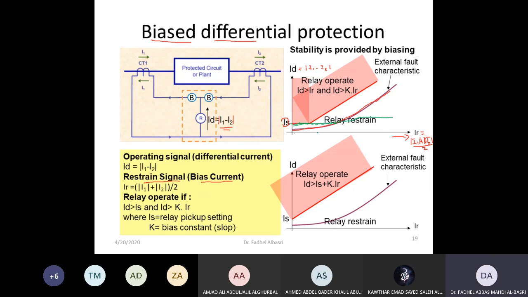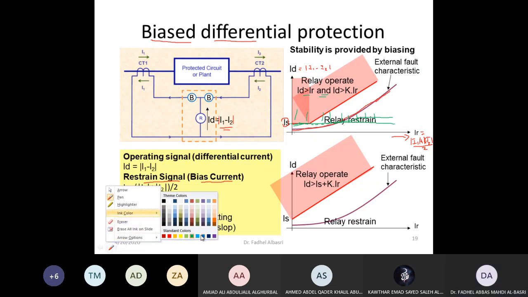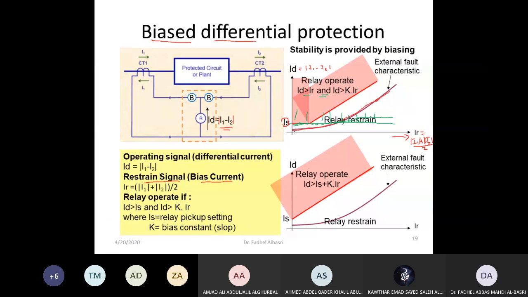When the differential current is higher than this setting, it means I am operating above this green line. This is condition number 1, and it also has to satisfy condition 2. Condition 2, I'll draw it with the blue line, which is this straight line equation.